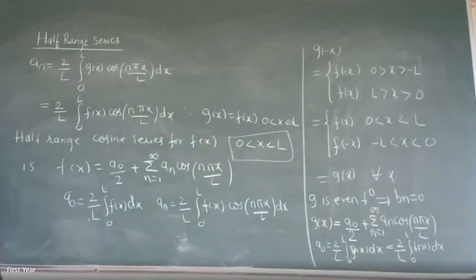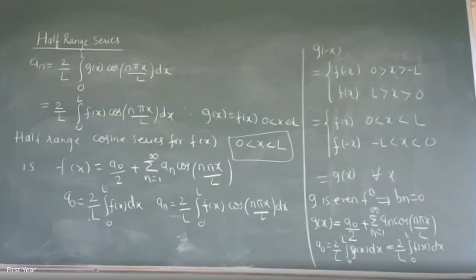Why it is called half range? Because your given range is half. Is this okay, everyone? Yes, ma'am. Okay, fine. Please write it down quickly. We'll solve the example very once. Others are also understanding, na?